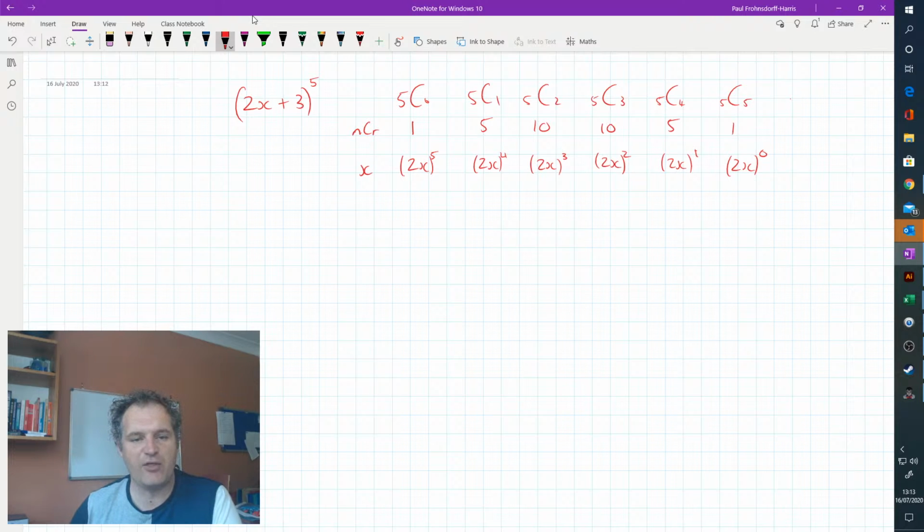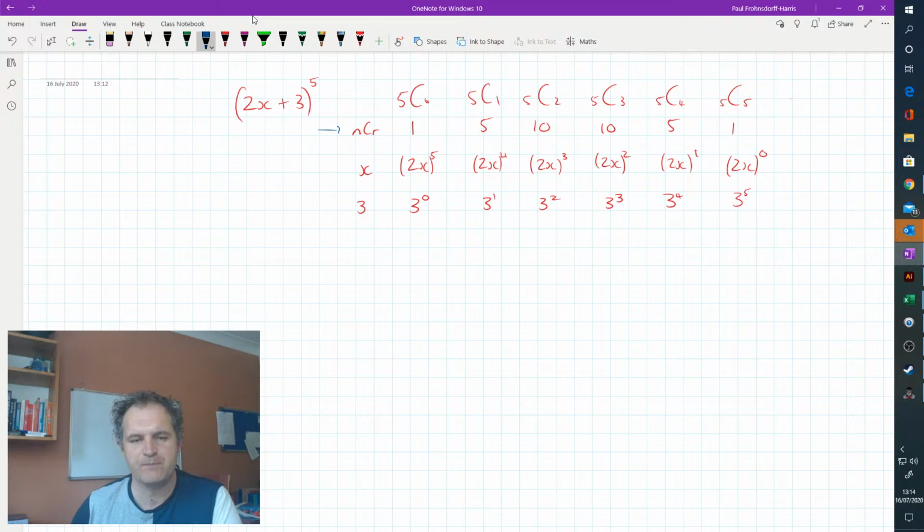Okay, and then the other one is the 3. The 3 is just going to be 3 to the power 0, 3 to the power 1, 3 to the power 2. Now your calculator will give you all these values, but the reason I do it like this is because I think it's very useful to then be able to go, so with these are the nCr values.